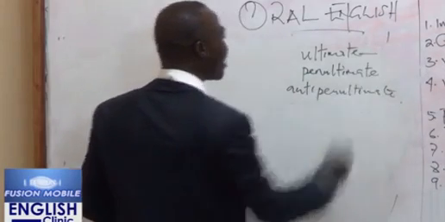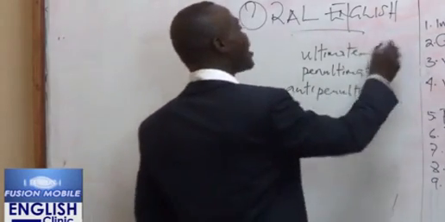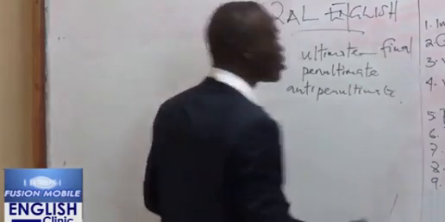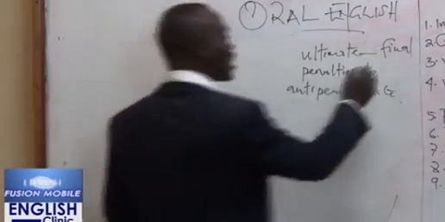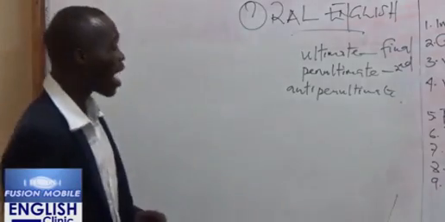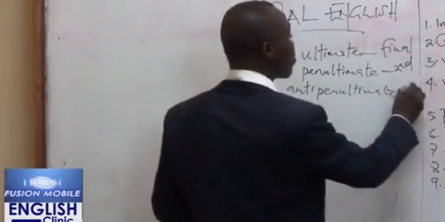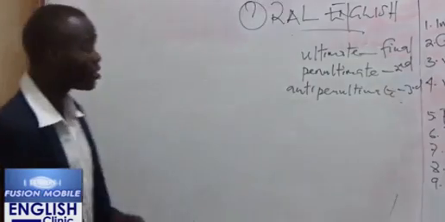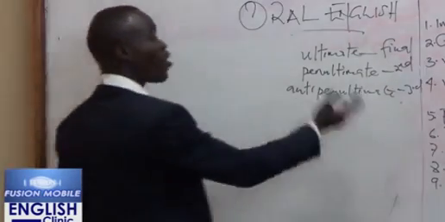By ultimate syllable, I mean the final or the last syllable, and by penultimate syllable, I mean the second from the last syllable. And anti-penultimate syllable, I'm talking about the third from the last syllable. So we are going to be counting from the end.